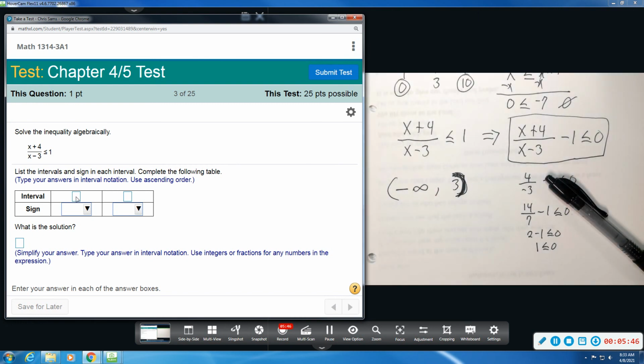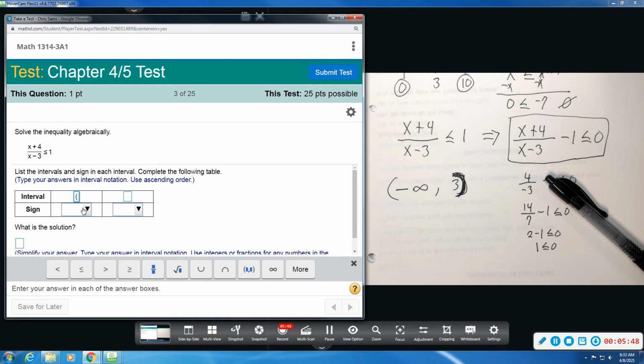Okay, so intervals, negative infinity to 3. And then this interval will be 3 to infinity. And then the sign for this one was negative.